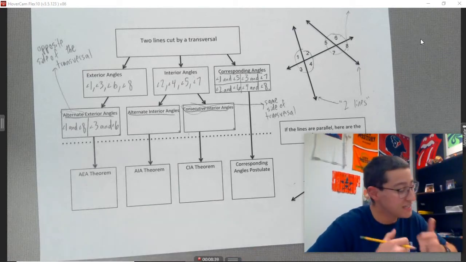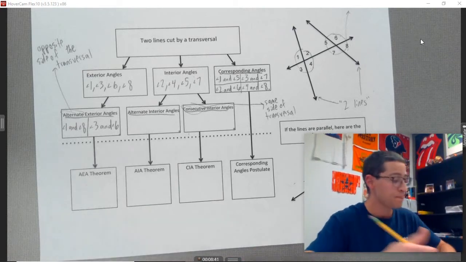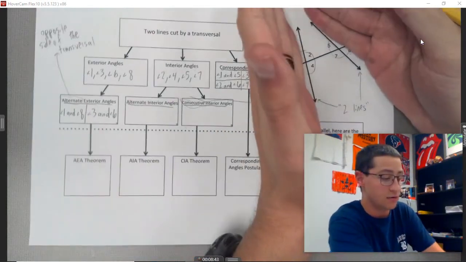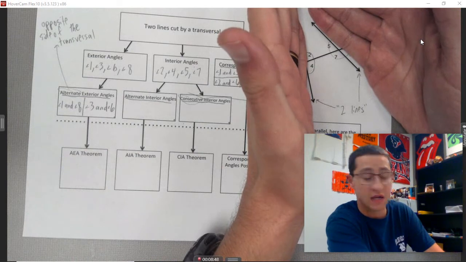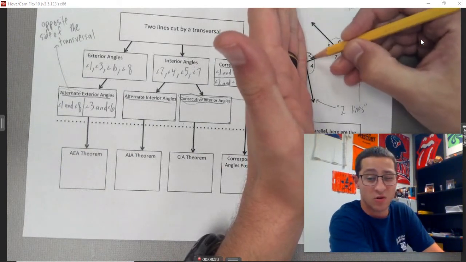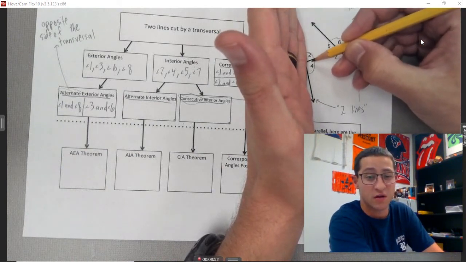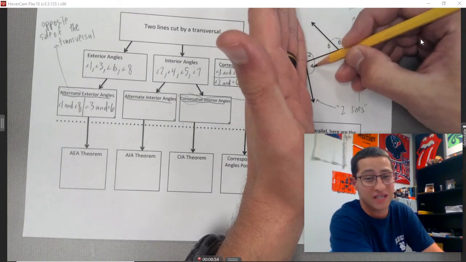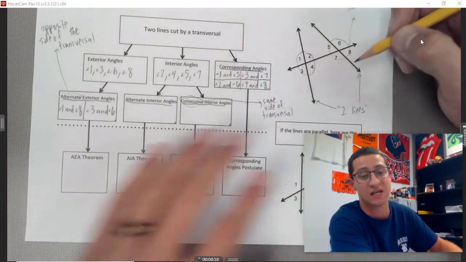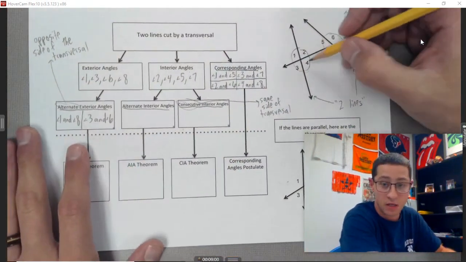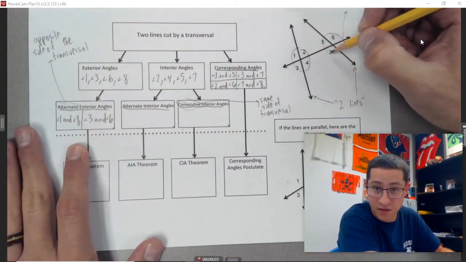Let's talk about alternate interior angles. So now we're working interior, in between my hands. So I'm looking at 2, 4, 5, and 7. Again, 2 and 4 are technically alternating on the sides of the transversal, and they're also interior. But what do we know 2 and 4 are? 2 and 4 are a linear pair, so it's not alternate interior. But 2 and 7 are.